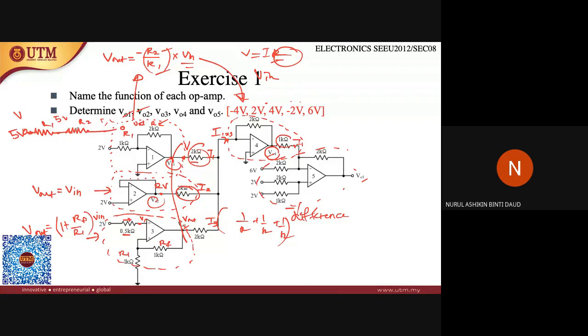But in a series resistor line, the value of voltage is always the same. If there is an output, then you have to add all these resistors, and the output voltage is different. But in the line, the voltage value is always the same for series.